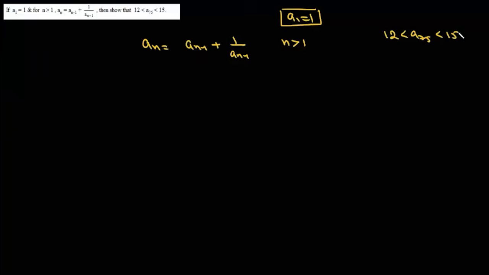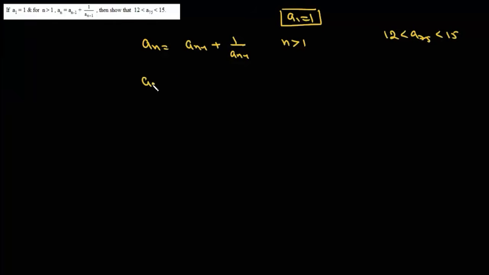Now here the question is, we are given this relation, which is an equals an minus 1 plus 1 upon an minus 1 for all n greater than 1, and it is given that a1 is equal to 1. Now we need to show that a75 will lie between 12 and 15. Now a1 is 1.